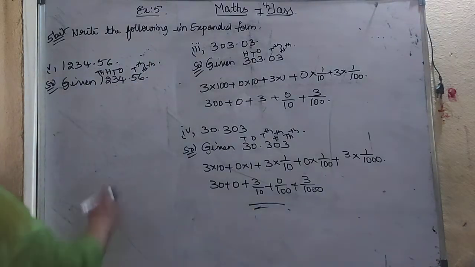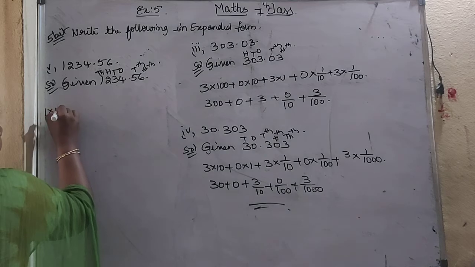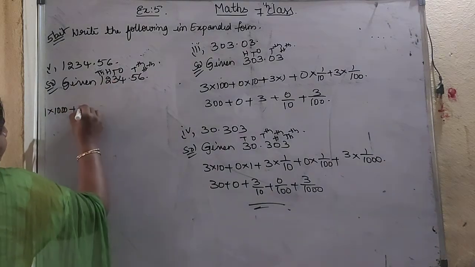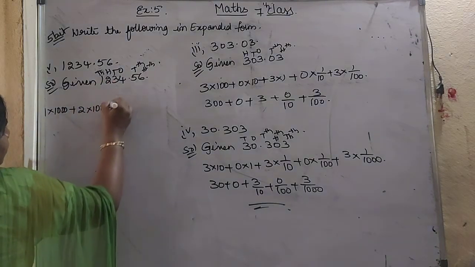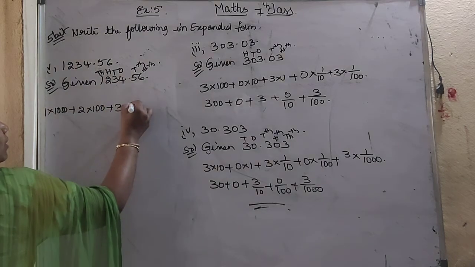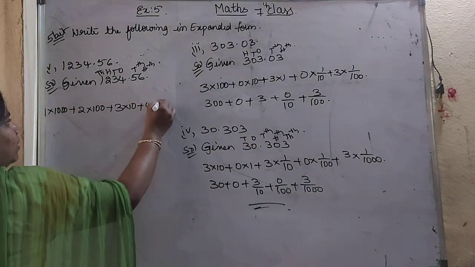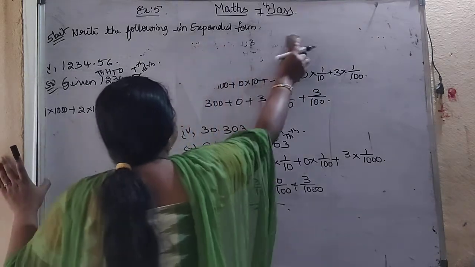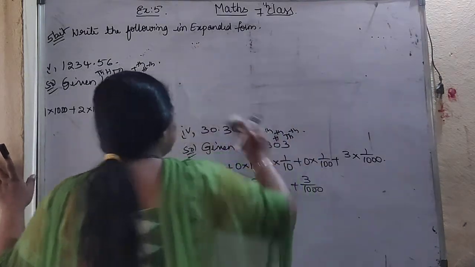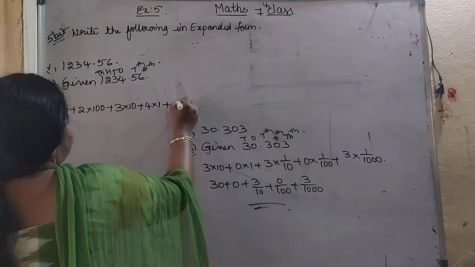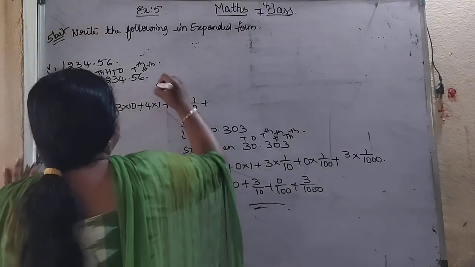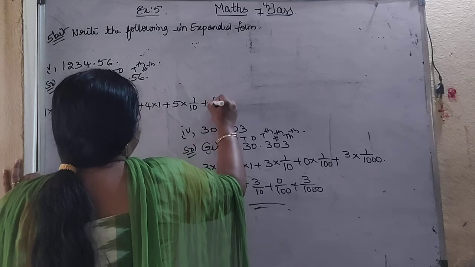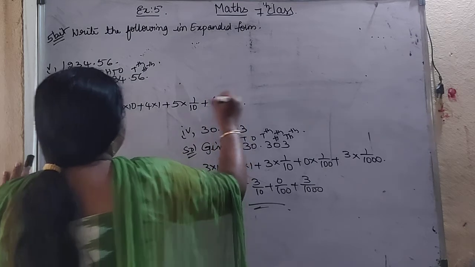Now you expand the value. 1 into 1000 plus 2 into 100 plus 3 into 10 plus 4 into 1 plus here 5 is in the tenth part, that is 5 into 1 by 10 plus 6 is in the hundredth part, that's 6 into 1 by 100.